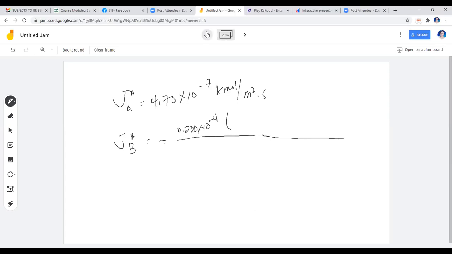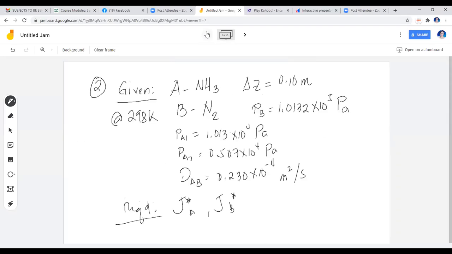So if you notice, I'll read the problem again. The total pressure of the system is 1.0132 times 10 raised to 5 Pascal.